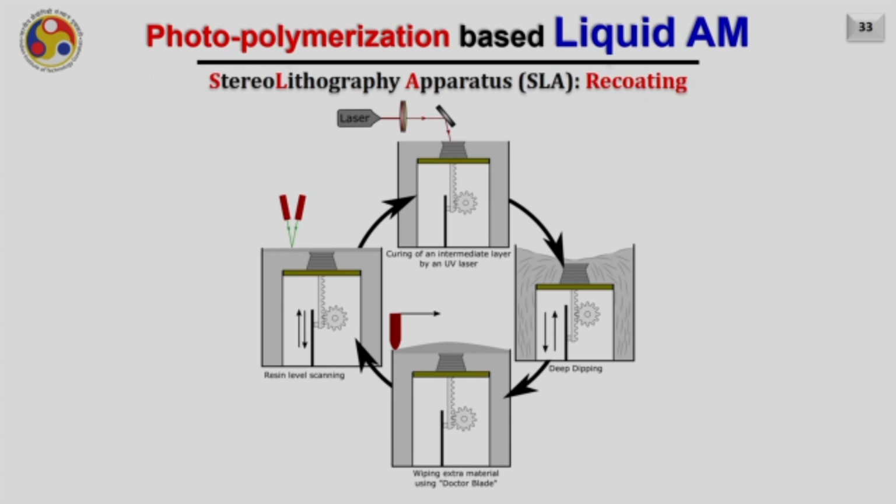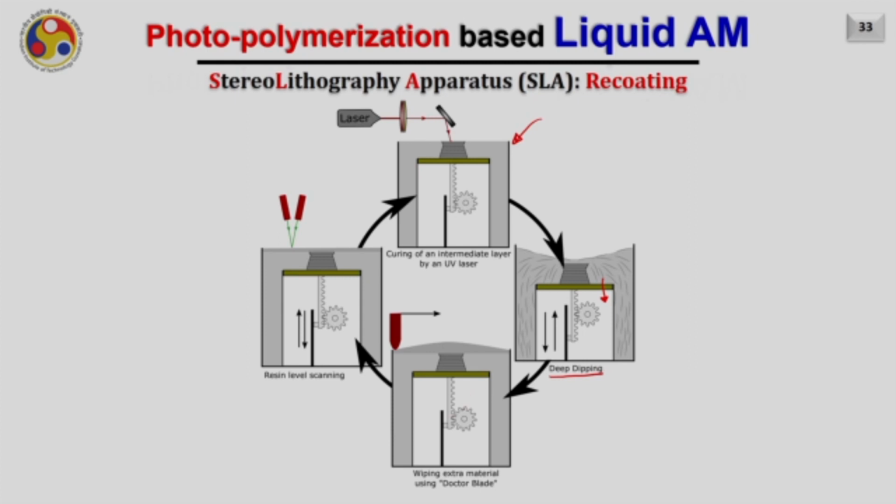As you are seeing here, this is the complete process of SLA, in which we start from this step where the laser falls onto the part and it cures the liquid wherever it falls. Then after curing a complete layer, the entire bed goes down, and it goes down by a value higher than the layer thickness, and this process is called deep dipping.